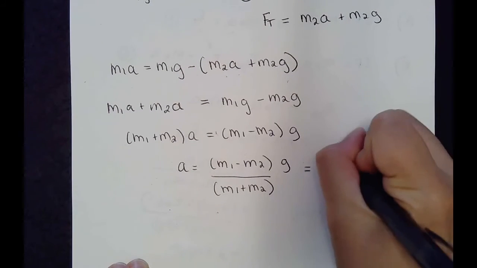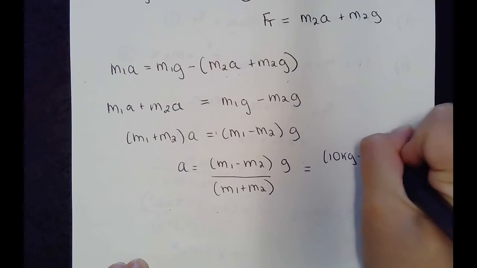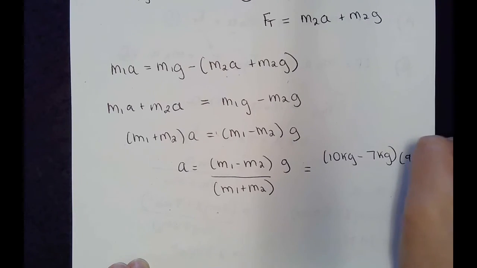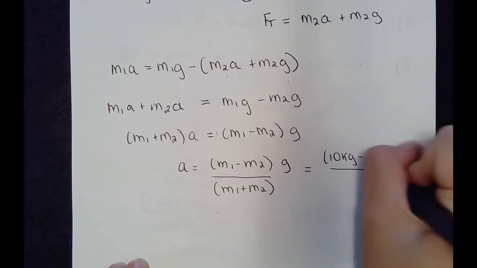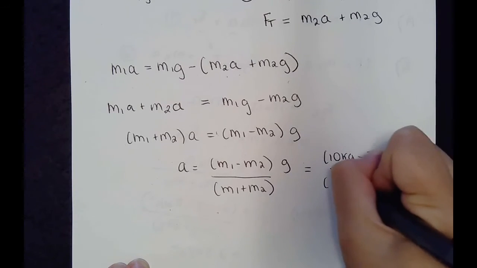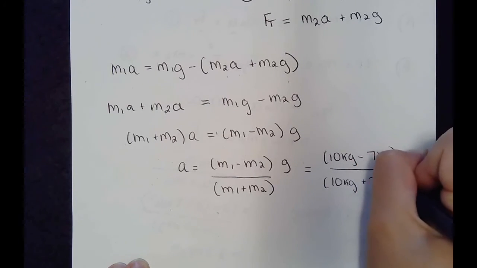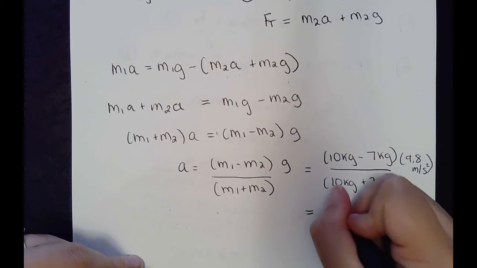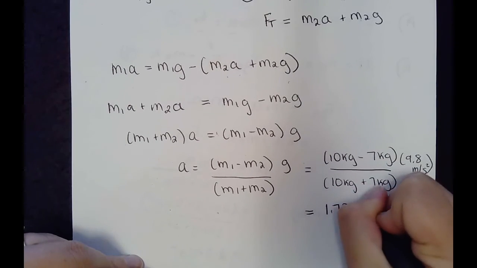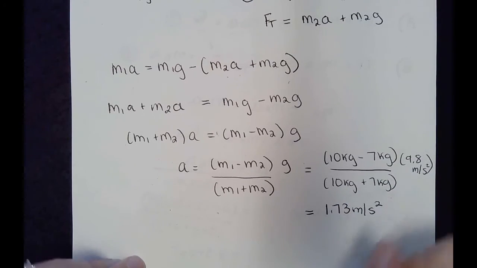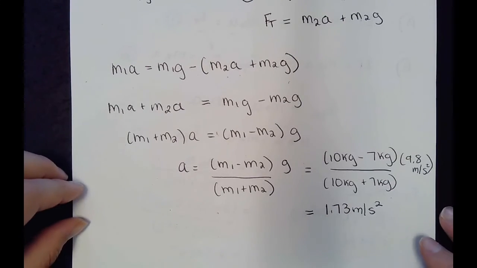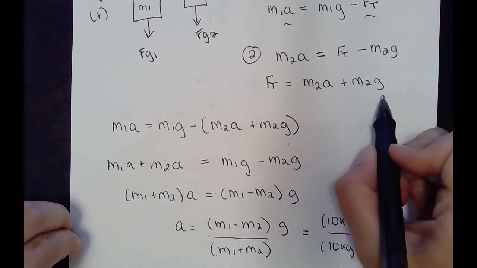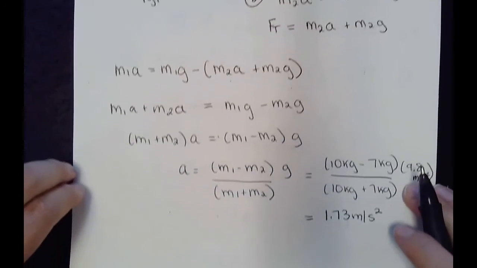So that's 10 kilograms minus 7 kilograms times 9.8 over 10 plus 7 kilograms, which gives an acceleration of 1.73 meters per second squared. That's the hard part. Now that we have that, we can find the tension by using the equation where we already isolated for tension.